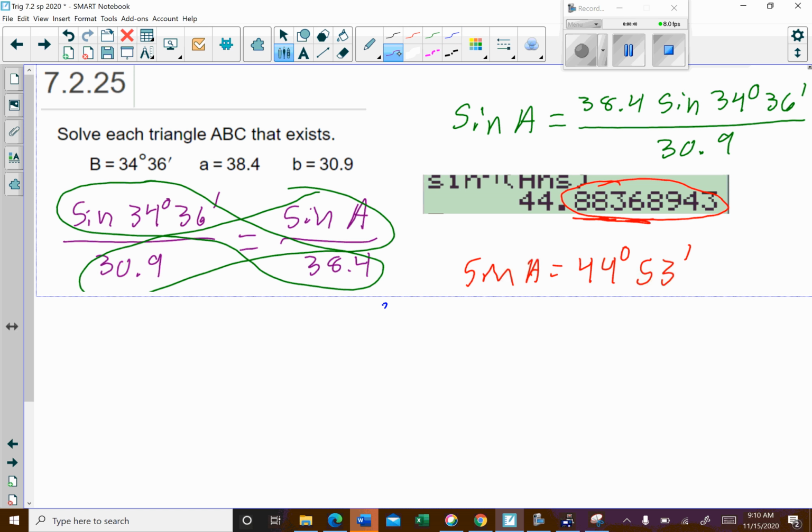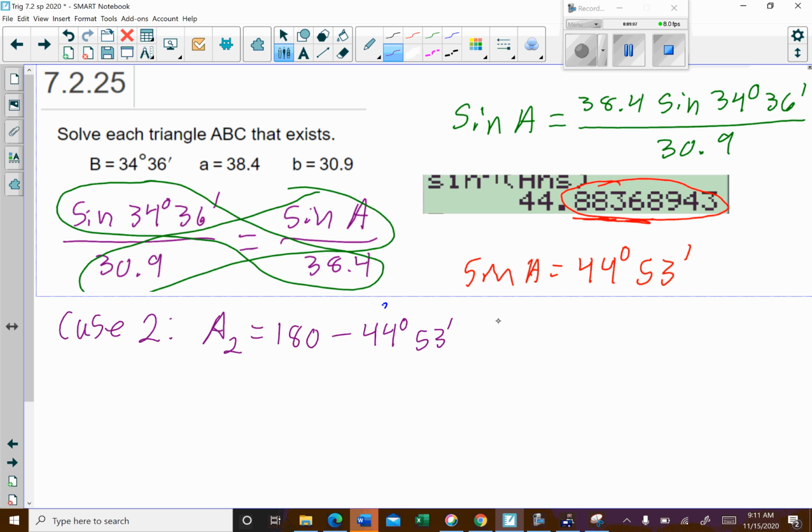Now what we're going to do is we're going to look at case 2. And what that would be is that the angle we'd be looking for, we'll call it angle A sub 2, which would be 180 minus the angle we found for our first case.